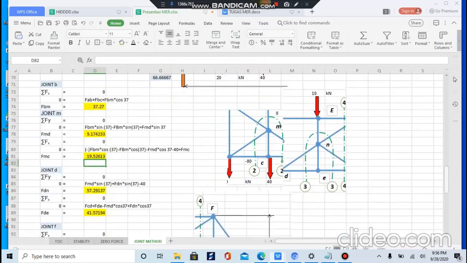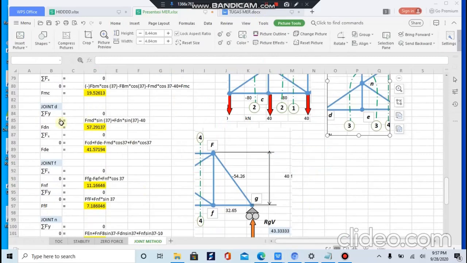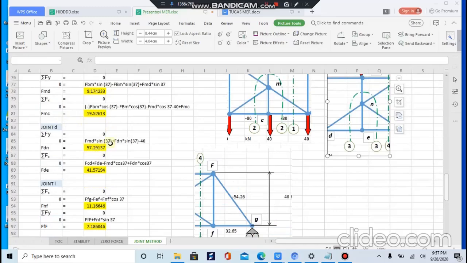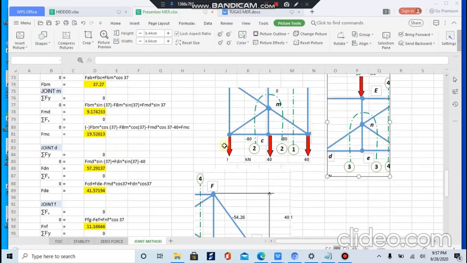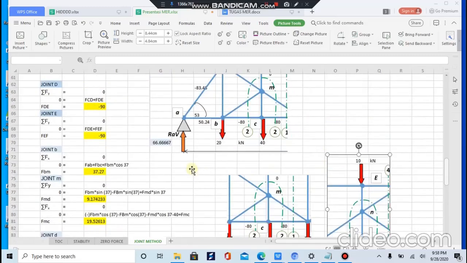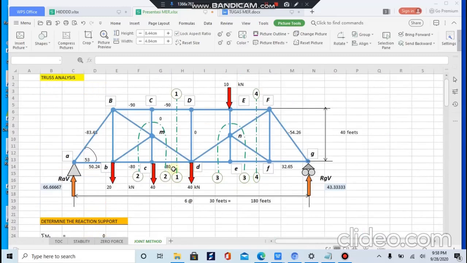Okay, for joint D, sigma Fy equal to 0, so 0 is equal to FMD times sin 37 plus FDN times sin 37 minus 40. Where is the point D or joint D? If you want to see it, here in the middle of the trusses.